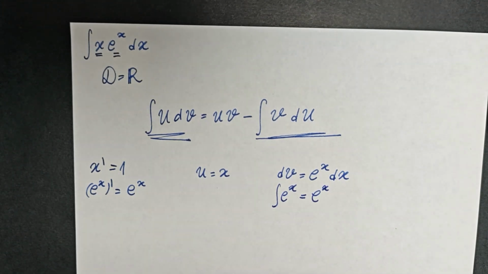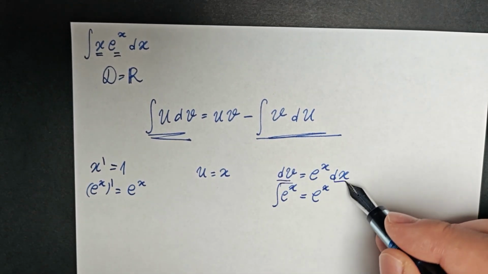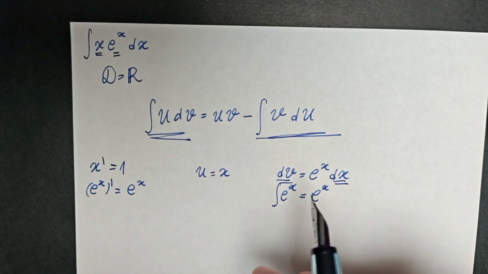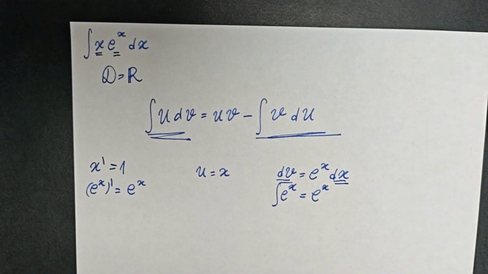The important note here is that whichever factor you pick for dv, it also gets dx. So always connect dv with dx. This is perfect because we now have u and dv. And now we can plug this into the integration by parts formula.